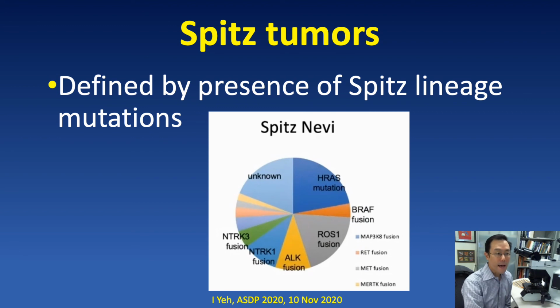Which brings us back to the modern definitions and classification of what we call Spitz lineage tumors, which are defined at the molecular level by the presence of characteristic kinase fusions and other mutations that correspond with different portions of the histologic spectrum of Spitz tumors, not only Spitz nevus, but also the Spitz melanocytoma and Spitz melanoma, as delineated by Dr. Yi-Wei Ye from UCSF and colleagues such as Boris Bastian and others here and abroad who have largely established the current classification of the Spitz tumors as we know it.